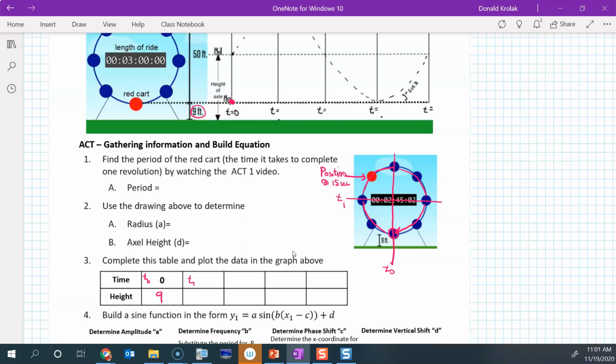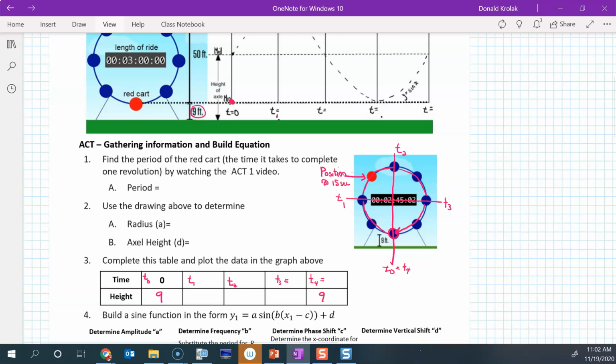Then where are you going to be at time 1? What's time 2, which would be up here? Okay, back here would be time 3. How many seconds is that? And then when you're back to where you started, at time 4, you're going to be back at the same height. So you know this is going to be 9.